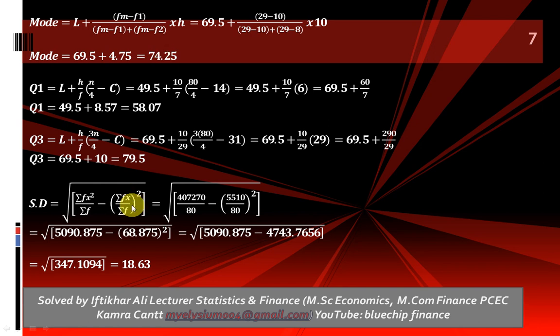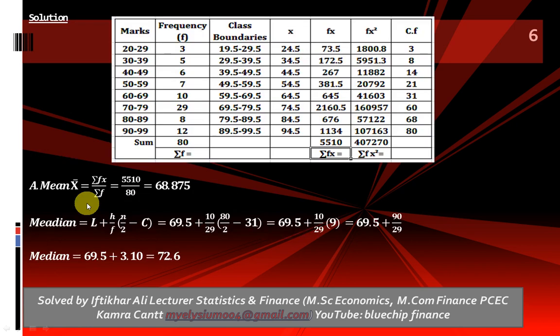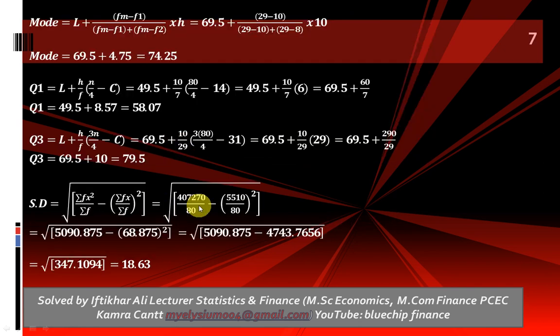And the last calculation will be the calculation of standard deviation. Sum of fx square over sum of f is 407270 over 80, minus sum of fx over sum of f, which is 5510 divided by 80, squared. Take the square root, and standard deviation will be 18.63.